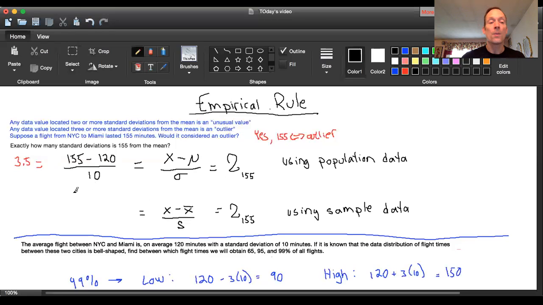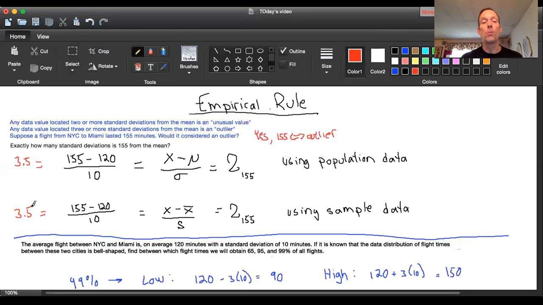And over here, our numbers are going to look exactly the same. That won't change at all. It'll still read 155 minus 120, and then we're going to divide by 10. And that's still going to equal exactly the same value as before, which is 3.5.